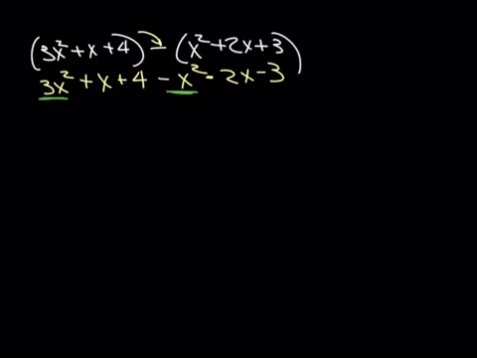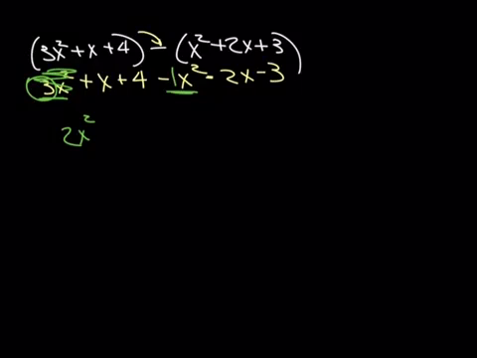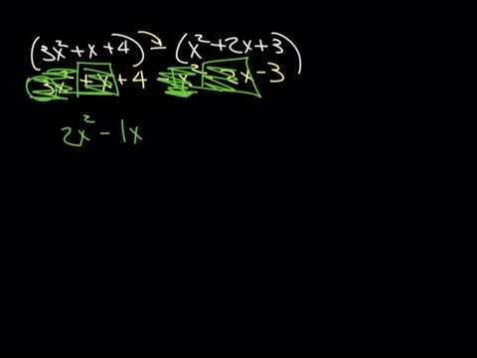Okay, so 3x squared minus x squared, remember it's just 3 minus 1, so it's 2x squared. So those are done. Now let's do a plus x and a minus 2x. So that gives me a minus 1x, and those are done. And a positive 4 minus 3 is a positive 1.